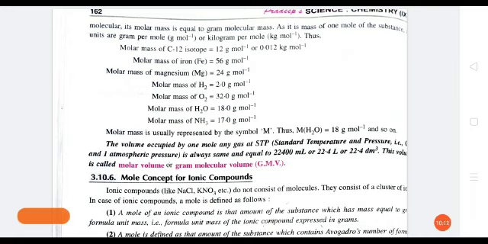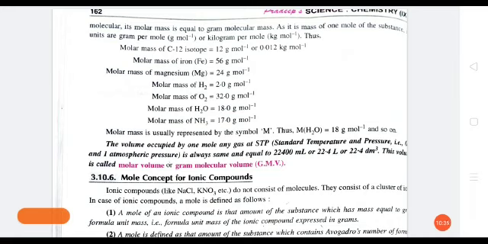If we are talking about molar mass of C12 isotope, it will be 12 gram mole inverse or 0.012 kilogram mole inverse. Here some molar masses of some elements are given. Go through it, okay? Molar mass is usually represented by the symbol M.